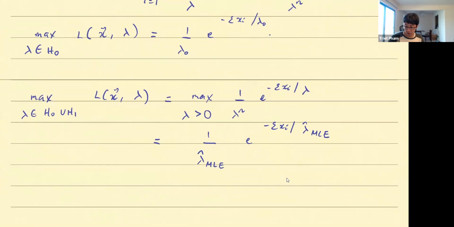First of all, replacing it like this is by definition, because the MLE is whatever maximizes this. But what is the particular value? Yeah, exactly. So eventually that is, and here we only have n.